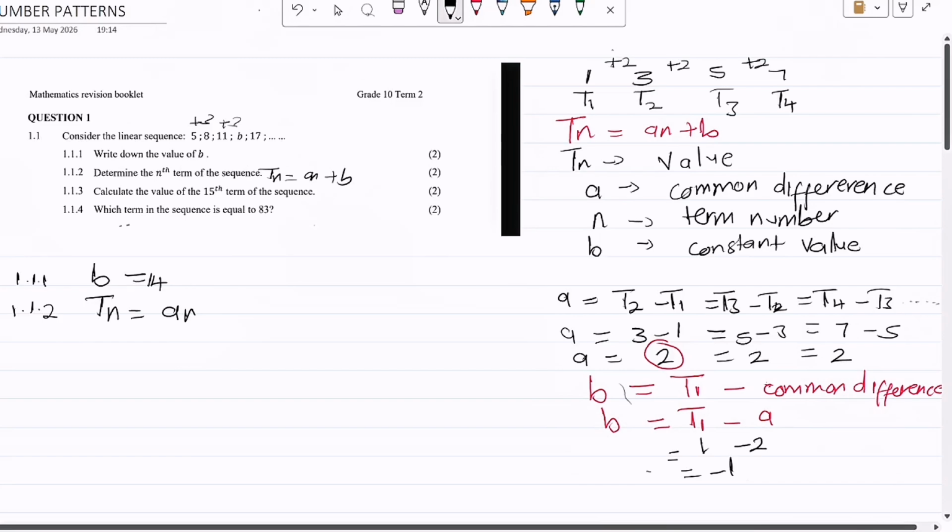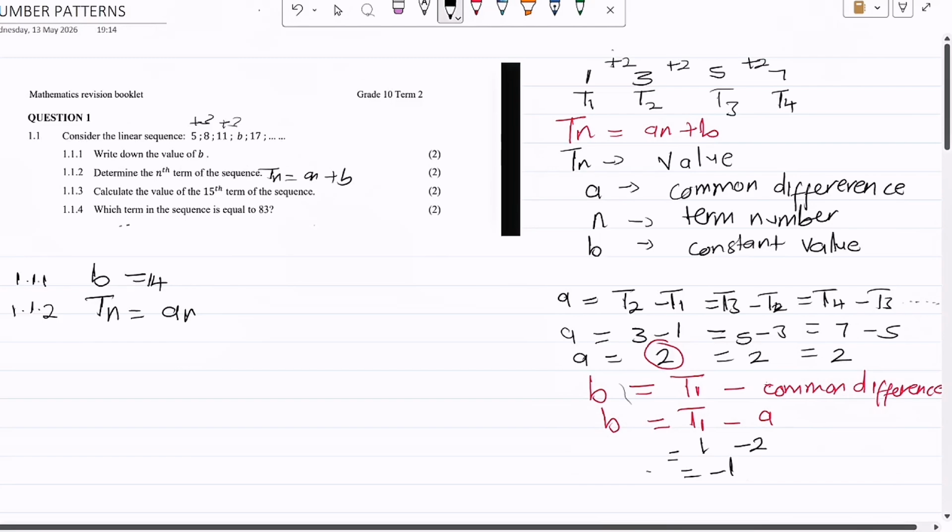Or we can use the method that I told you guys. You can say Tn is equal to 3n plus b, and then you choose any value you want to substitute. Let's choose 17. 17 is on term number 1, 2, 3, 4, 5. 17 is the 5th term, so we multiply 3 by 5 plus b.